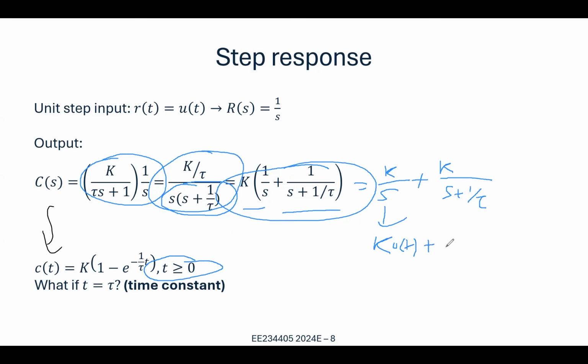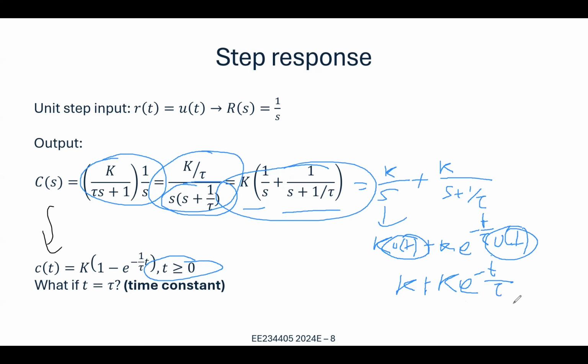And this would be k e to the minus t per tau, sorry, I missed the t, times the unit step itself. But if we specify that the time is more than or equal to 0, then we have k plus k e to the minus t per tau, right?